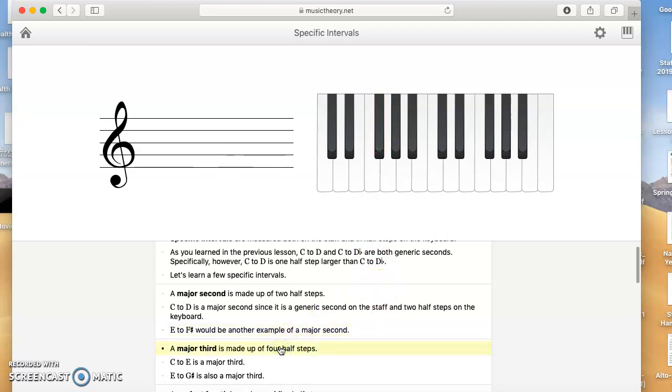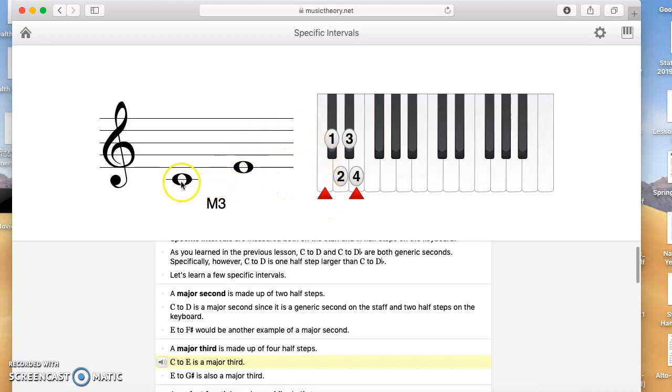A major third is 4 half steps. If you look here, you know it's going to be a third because 3 is the generic name for the interval. 1, 2, 3. But in order to figure out how many half steps, we have to go to the keyboard.